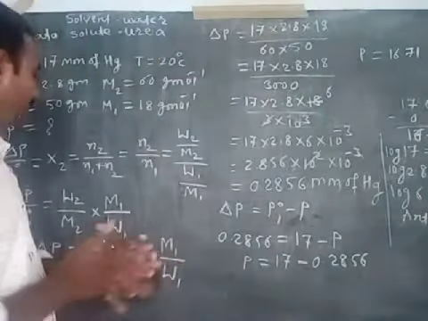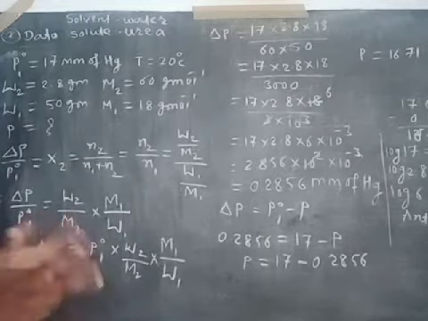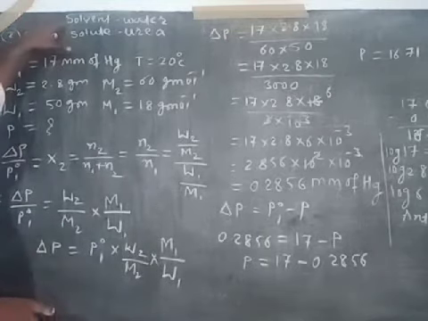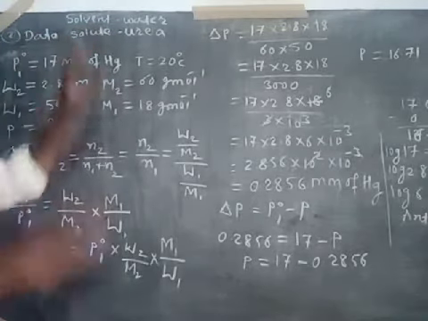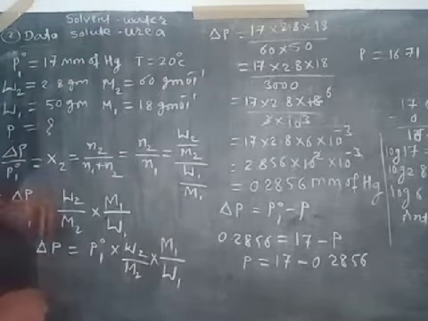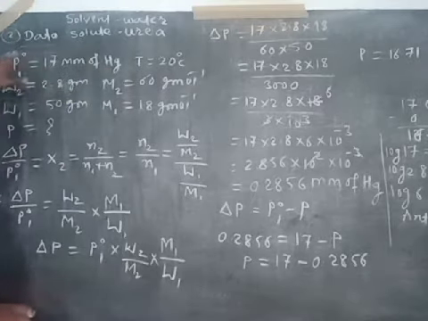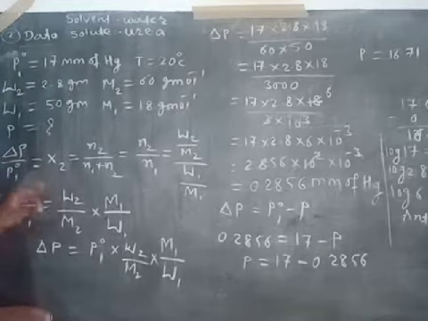We can repeat once again how to solve this problem. First of all, we take the given data. There is a solution of urea in water. That's why water is the solvent, urea is the solute. The vapor pressure of pure water at 20 degrees Celsius is given, that's why P01 value is 17 mm of Hg.